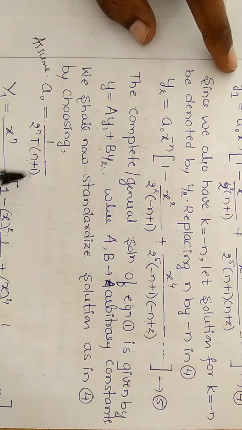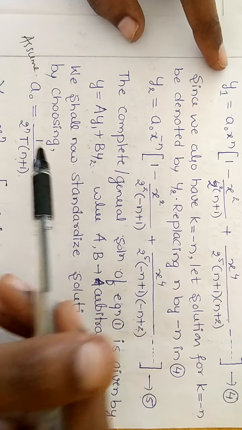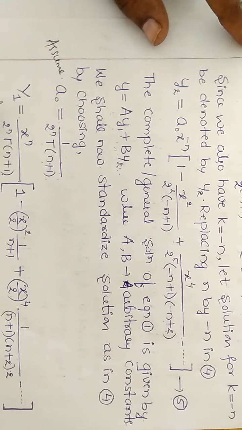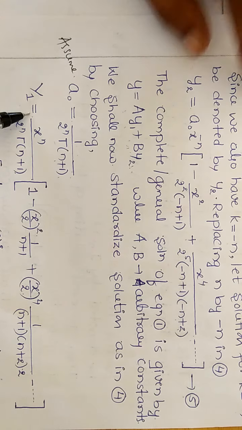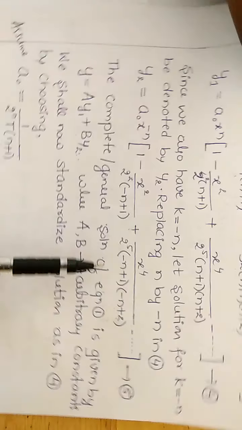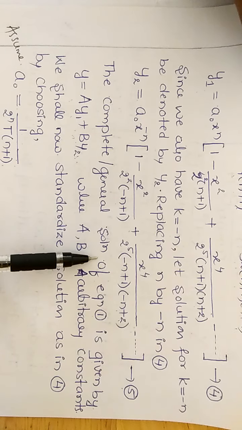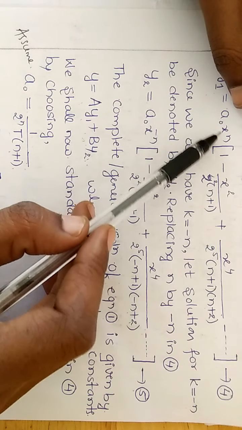In y1, substitute the value of a naught, and we get capital Y1. Write y1 in terms of capital Y1, which is a naught into x to the power n.